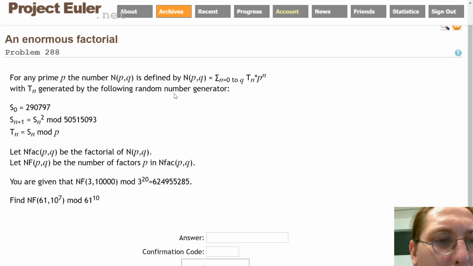And nf for p is 3, and 10,000. In the factorial, you have to know your way in taking a mod of a high number.